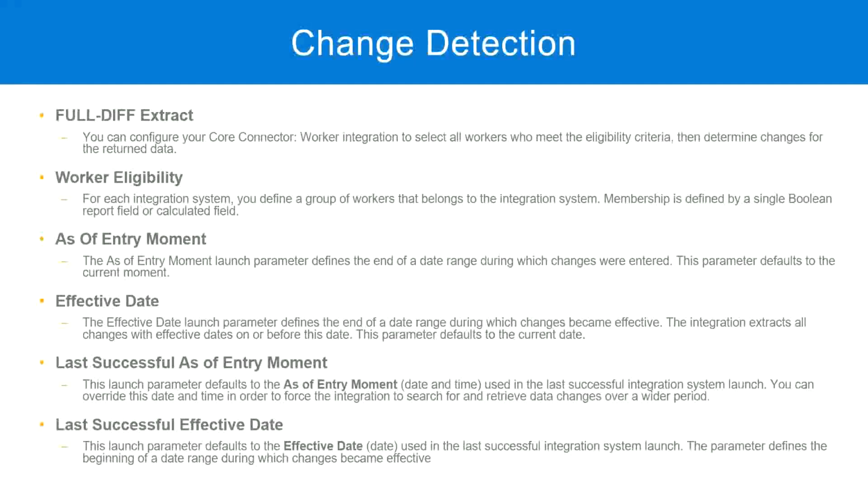The eligibility criteria is nothing but a true-false field, and in that true-false field you can configure all the options. You can create a calculated field or use an existing one to define the worker eligibility. So for all workers it will be either true or false: either you are eligible for this integration or you are not.